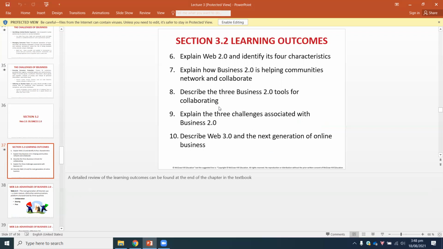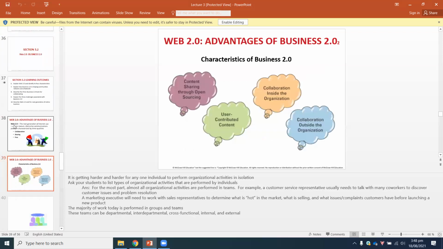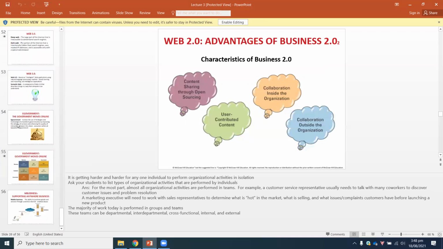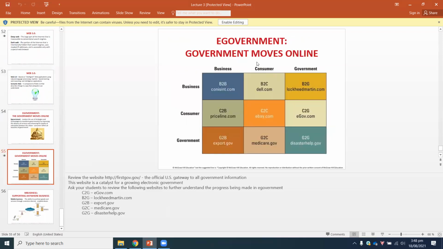Finally, you should briefly describe what Web 3.0 and the next generation business model are. You had the 4 business models: business to business, business to consumer, consumer to business, and consumer to consumer. Now that has been changed with Web 3.0 with the introduction of government services.